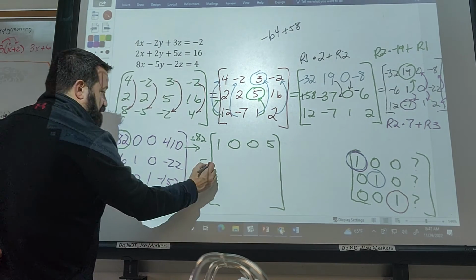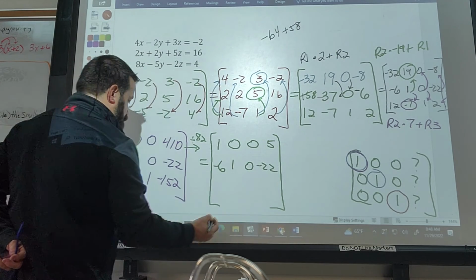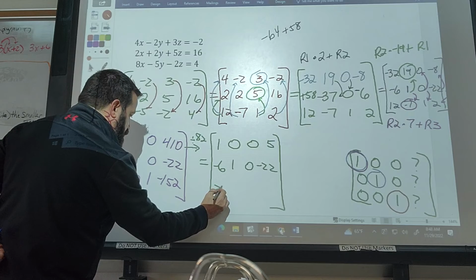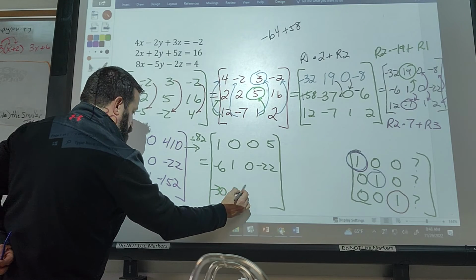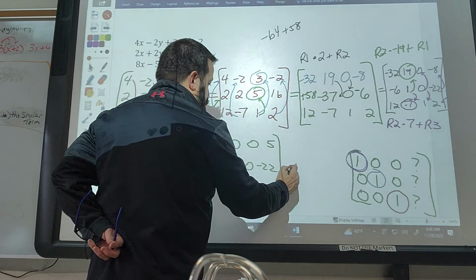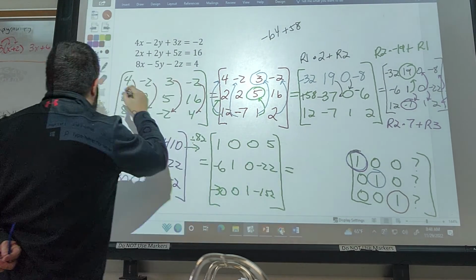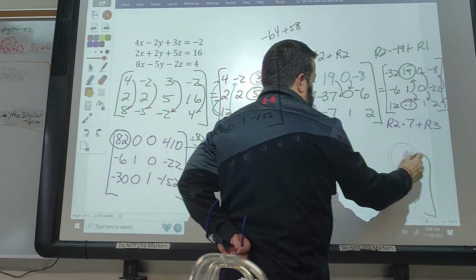This one I have negative 6, 1, 0, negative 22. This one I have negative 30, 0, 1, negative 152. I'm ready to get it to look like that one over there. This is just getting in my way.